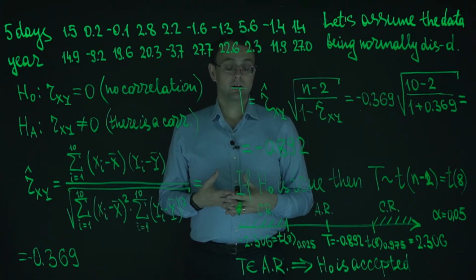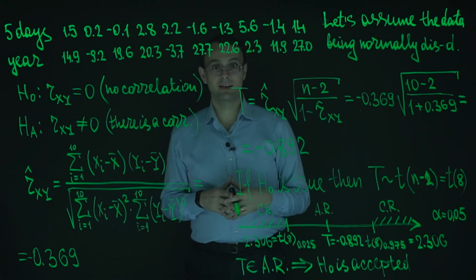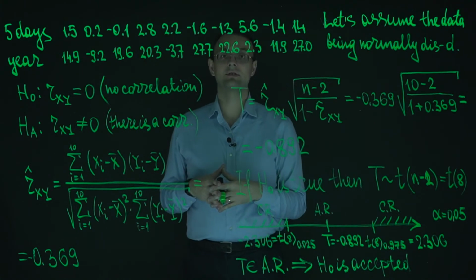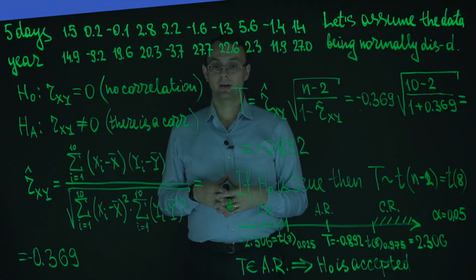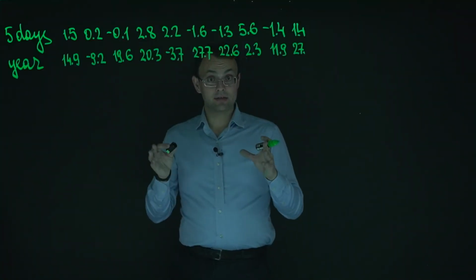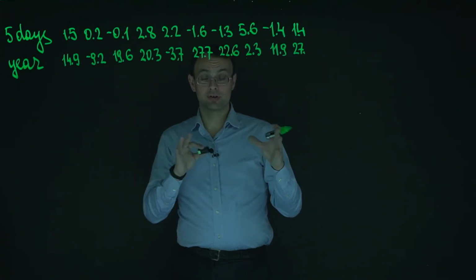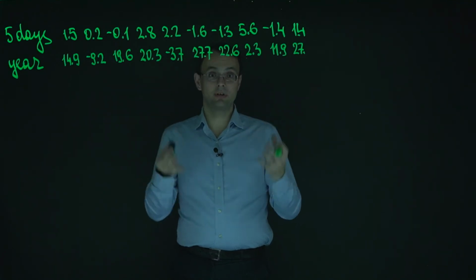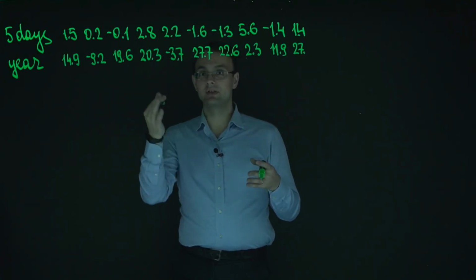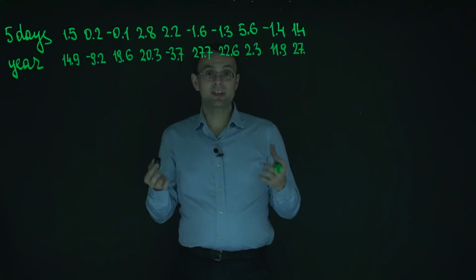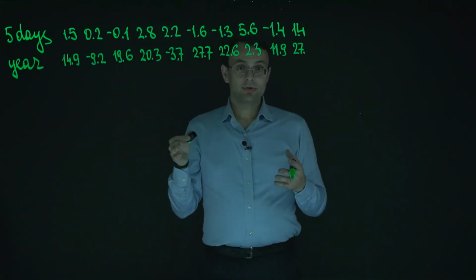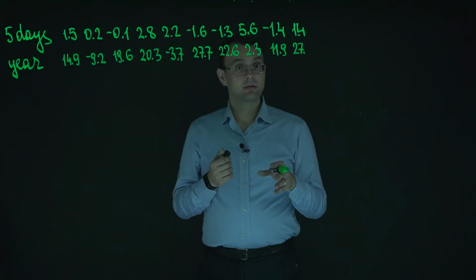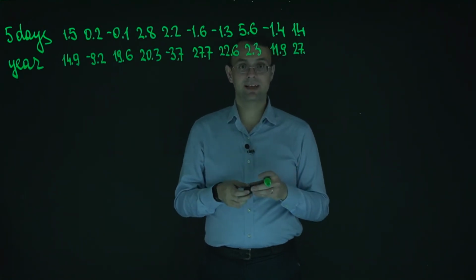If we do this, it will be better to analyze a greater sample. And now, what about not assuming the normality of the data? If we don't think that the distribution is normal, what can we do? I told you that we can switch either to the ordinal or to the nominal scale.